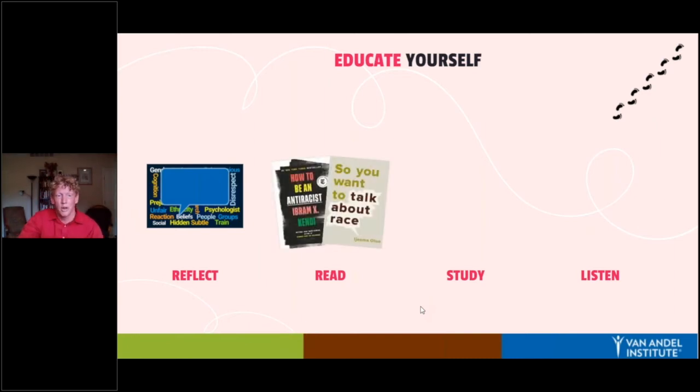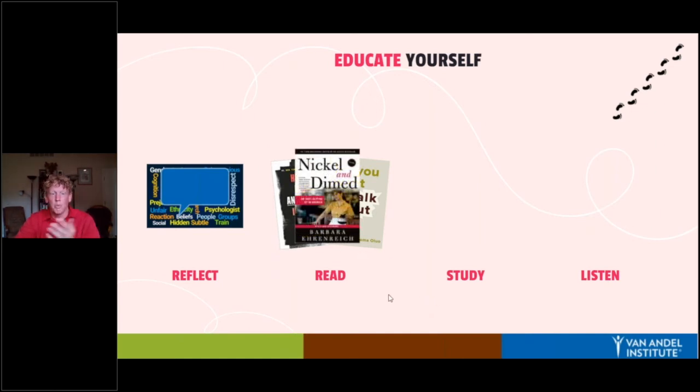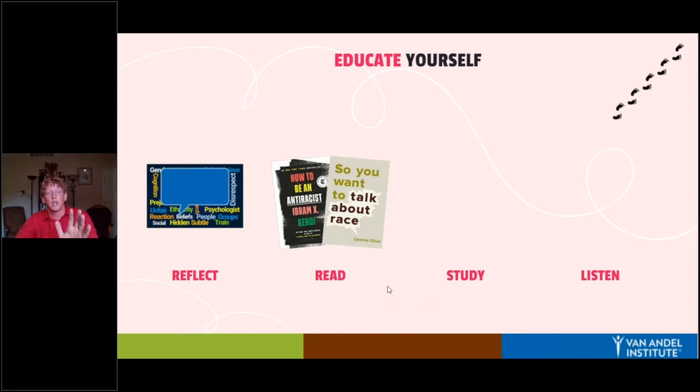It's important for us to read. This is a great way to expand our perspectives. We can always learn a lot by looking through an author's eyes and hearing about his or her perspectives. A couple of great books there, and also in the hyperdoc, in the resource document, there is a recommended reading list for you to check out.